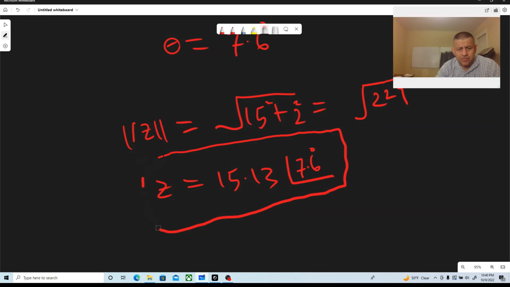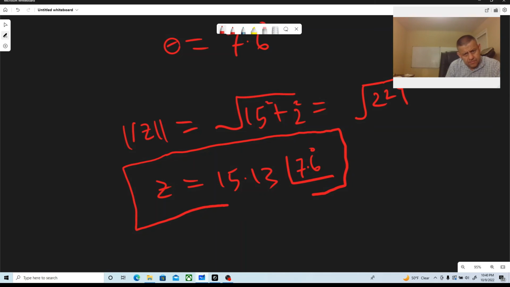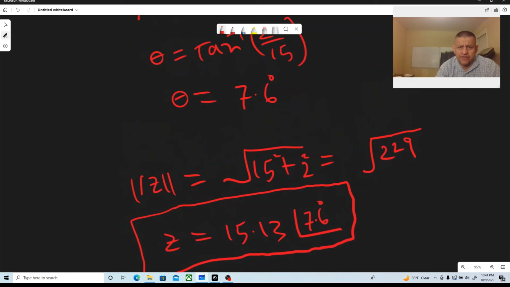So basically, the impedance in polar form is 15.13 for the magnitude, with an angle of 7.6 degrees, right?